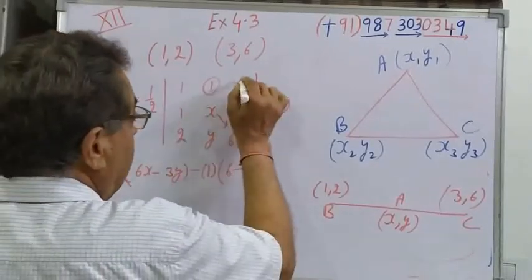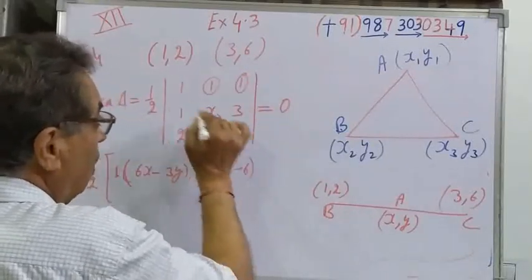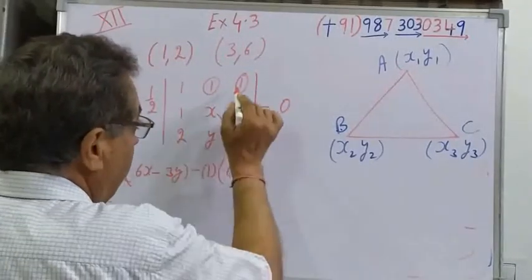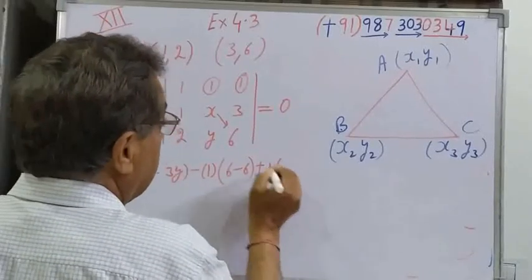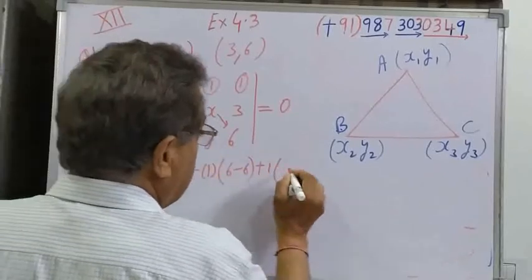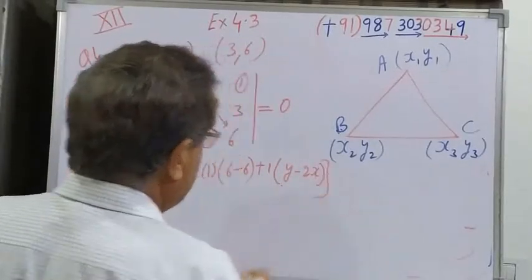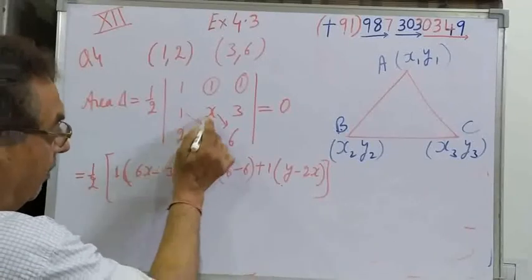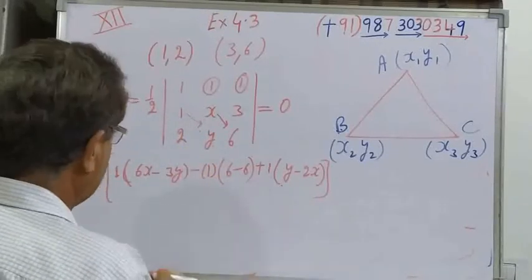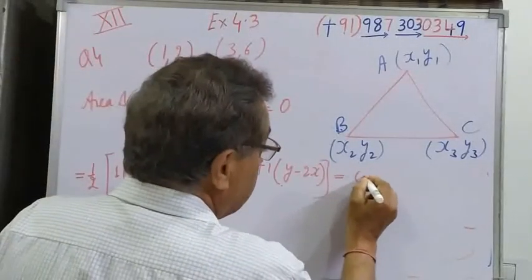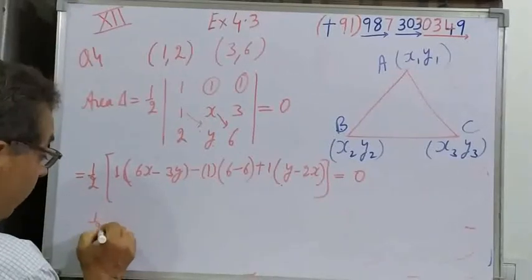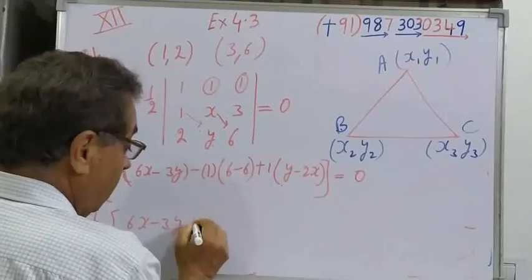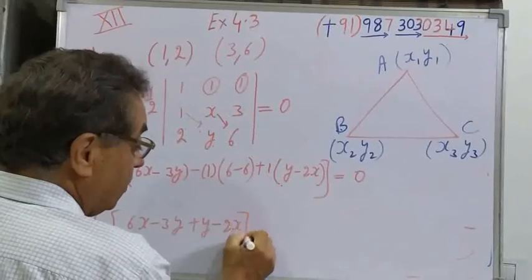And after this, I come to the third, hiding this column and this row, plus 1 times y minus 2x. Now this is the equation of the line and this whole is equal to 0. Now let us simplify: half of 6x minus 3y plus y minus 2x equal to 0.